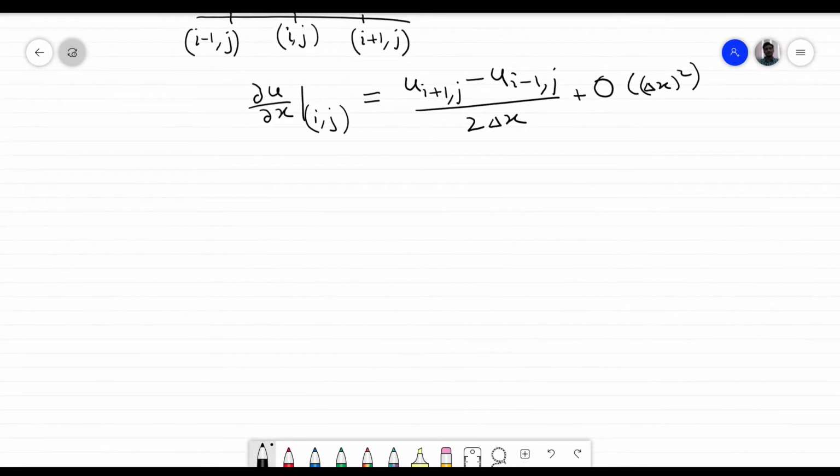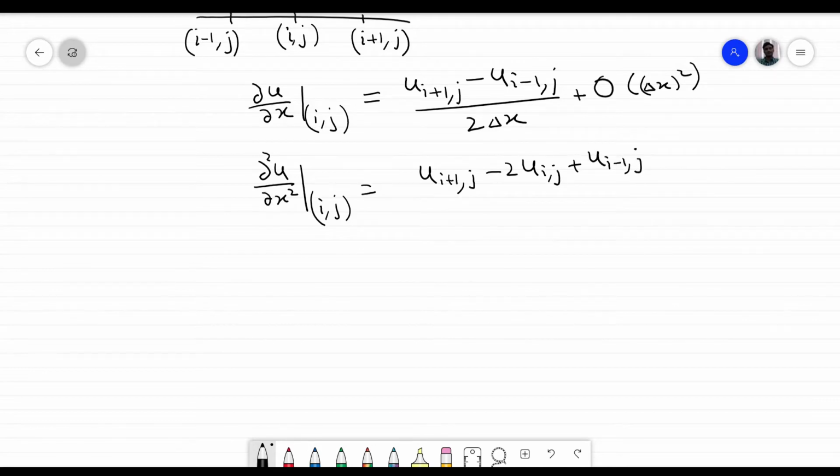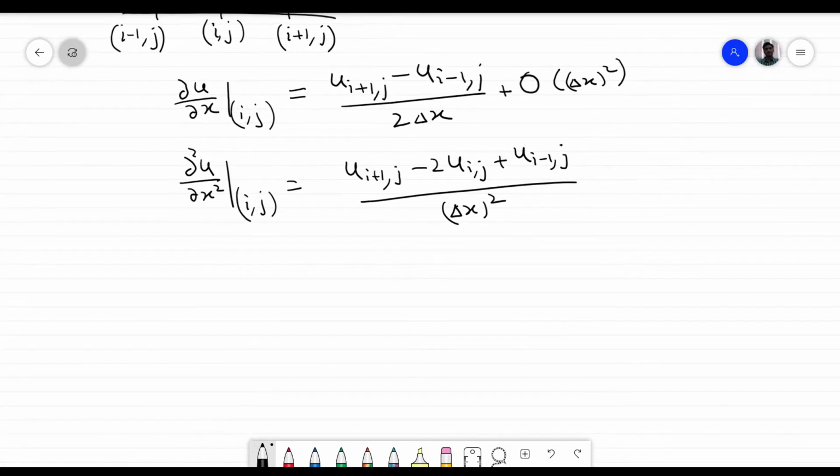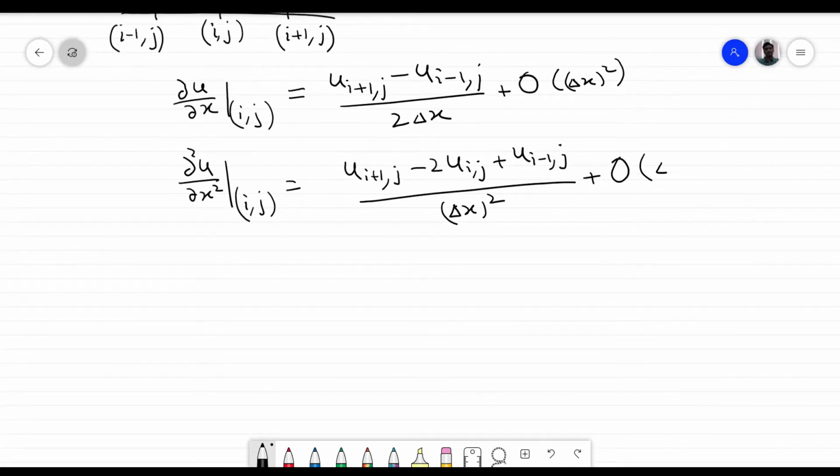Similarly, we saw that for the second derivative, this is ui plus 1j minus 2 uij plus ui minus 1j by delta x square, and this is also order delta x square.